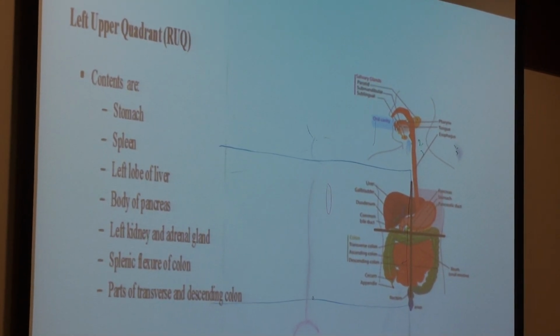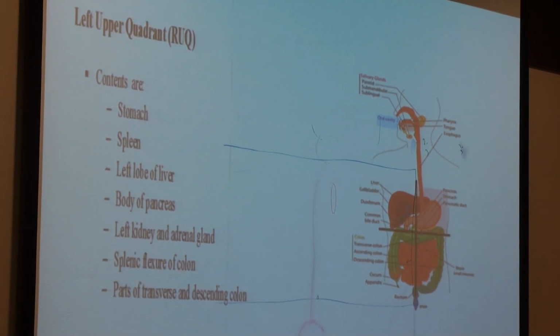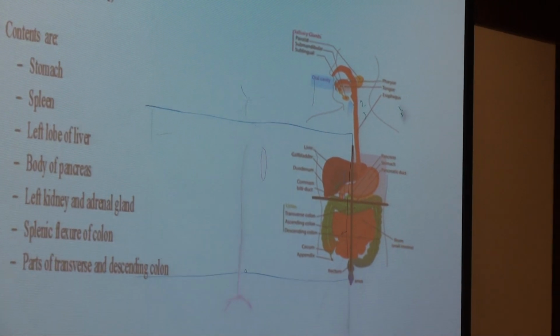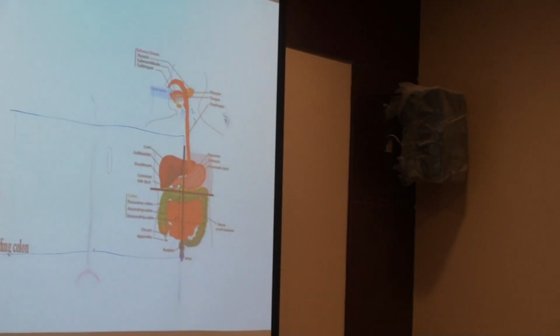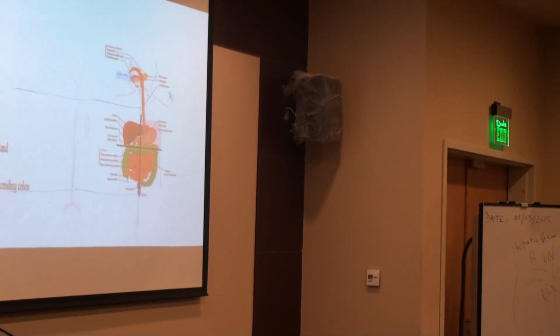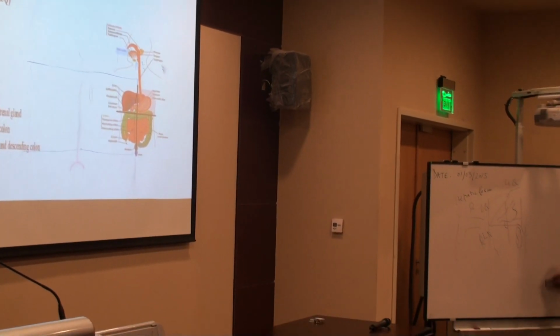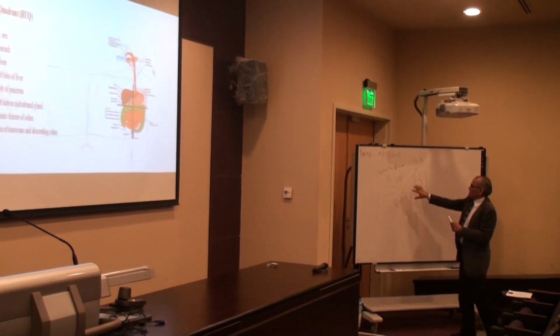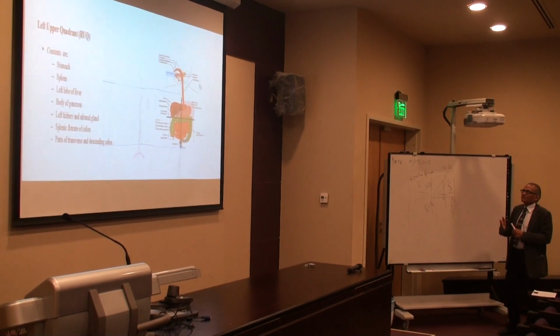Below we have the left kidney over here. Then we have the other bend of the large gut, due to the spleen, called the splenic flexure. So this splenic flexure on the other side is in the left upper quadrant. Now parts of the transverse and descending colons also lie in this quadrant.